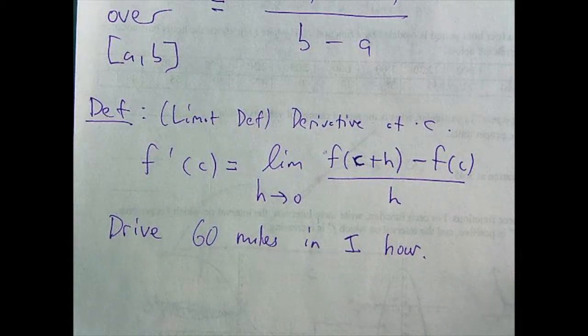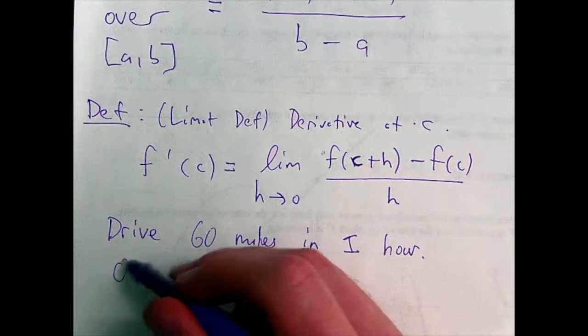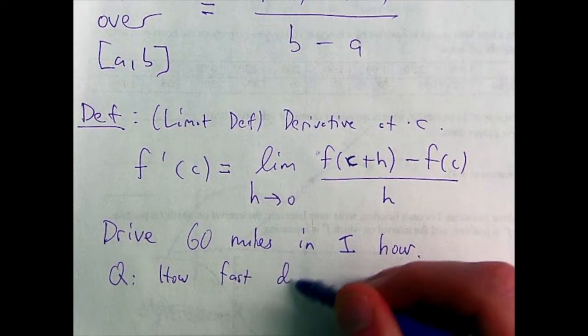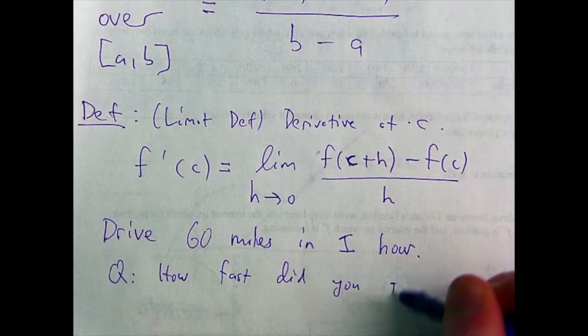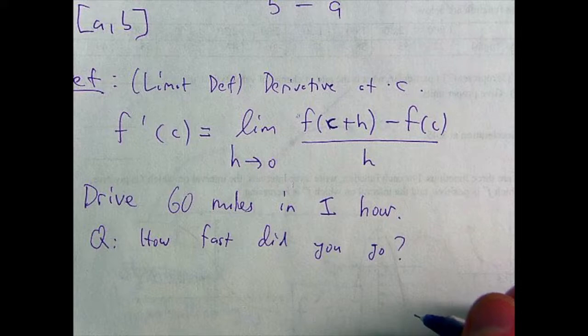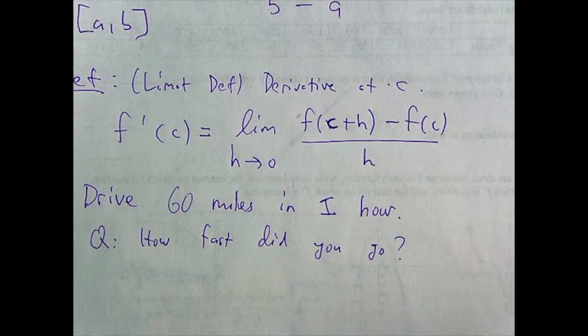And then you stop. Here's the question. How fast did you go? Which is another way of saying, what is your rate of change? Asking how fast you went is like saying, how fast did your position change? What was the rate of change of the distance that you traveled? That's what speed is all about. So how fast did you go?